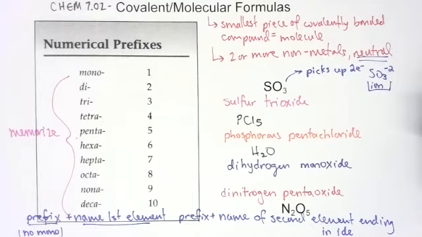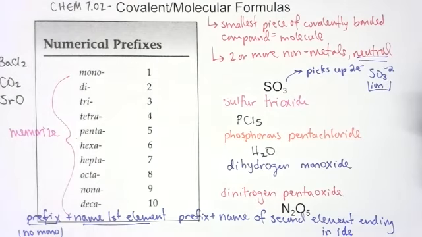So what if you had a mixture of, let's do CaCl2, and we do CO2, and I do SrO.